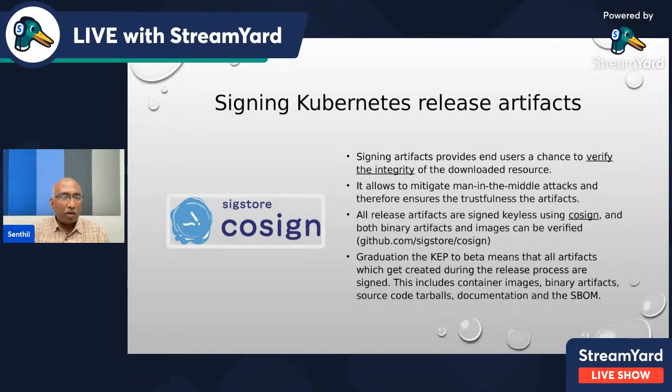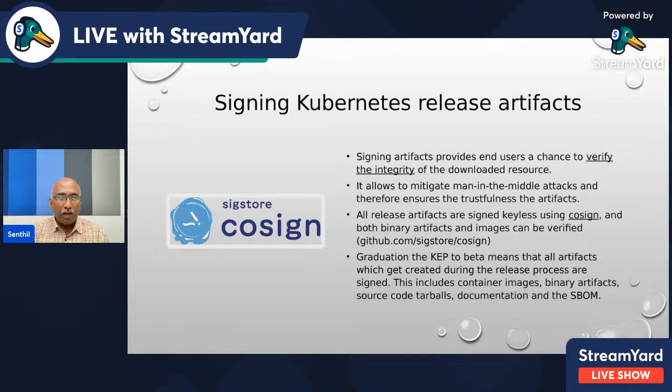You would have come across digital signatures being used, for instance, in a PDF file. You might receive a PDF file that is digitally signed. When you see a digitally signed PDF file, you can be very sure that the file originated from the person who signed it. So you are very sure that this particular document is authentic and it is not tampered with.